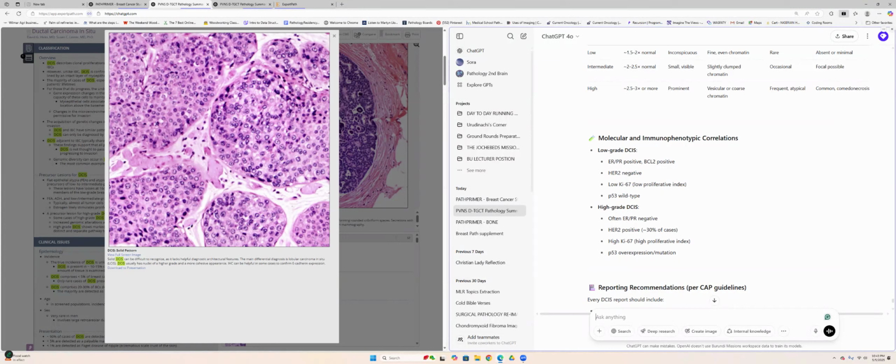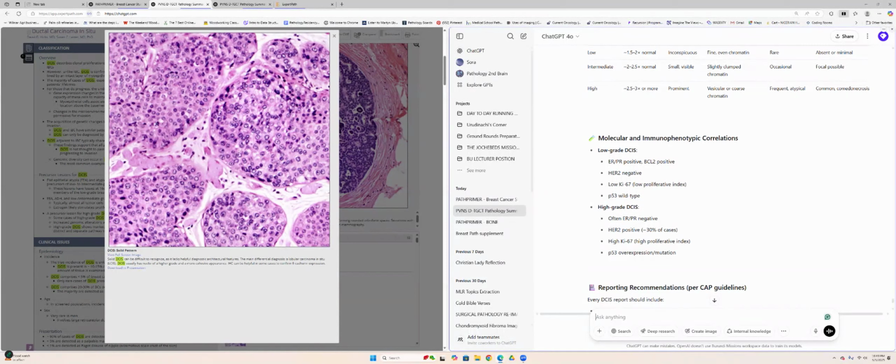Low grade DCIS is luminal A and will be BCL2 positive, while high grade DCIS is usually like luminal B, ER negative, but HER2 positive.